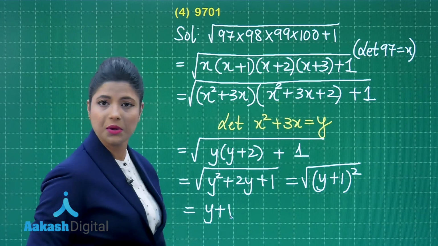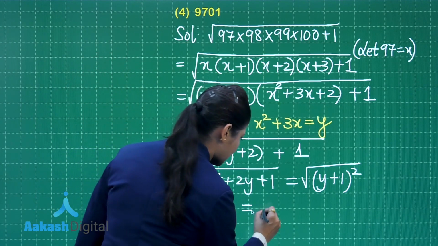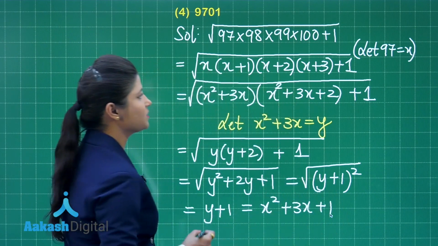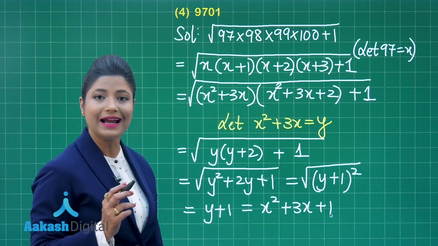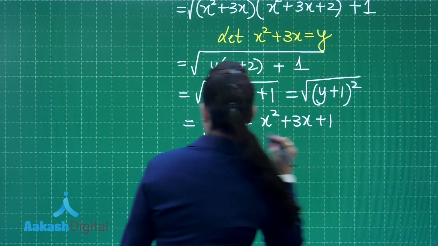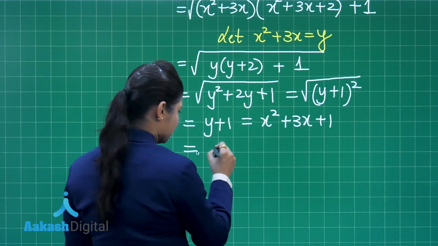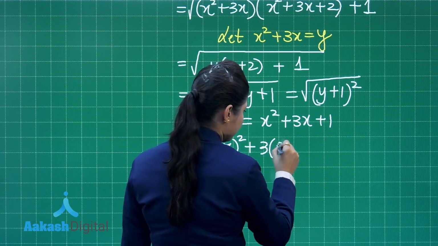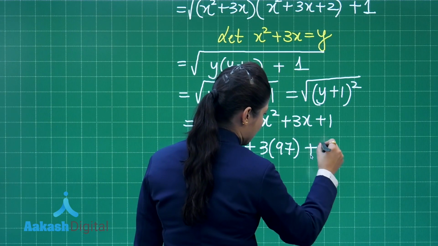Where y is x square plus 3x, let's substitute it back. So I get x square plus 3x plus 1, and earlier x was 97. So as x is 97, substituting it here, I get 97 square plus 3 times 97 plus 1.